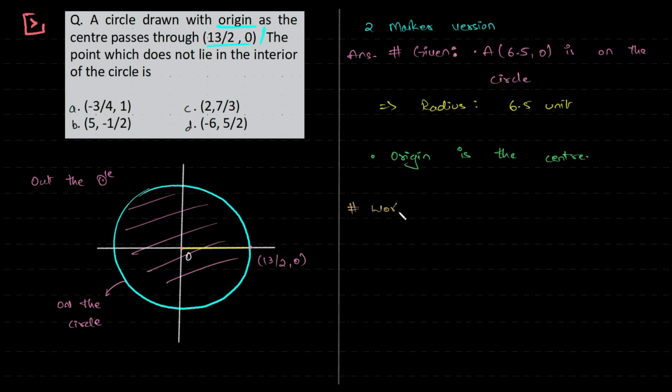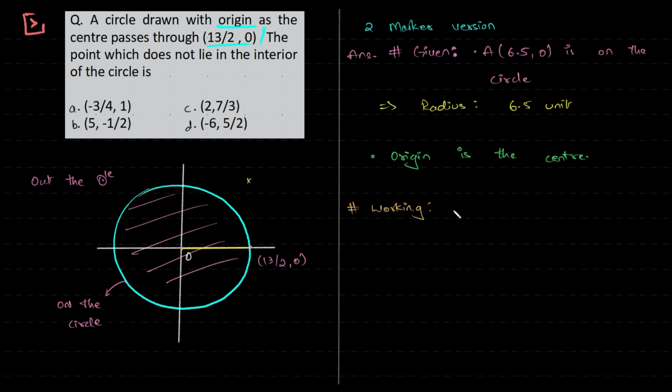Yes, and now the working. The question is the point which does not lie in the interior of the circle. They're asking which does not lie in the inside part of the circle. So basically, which lies outside the circle.